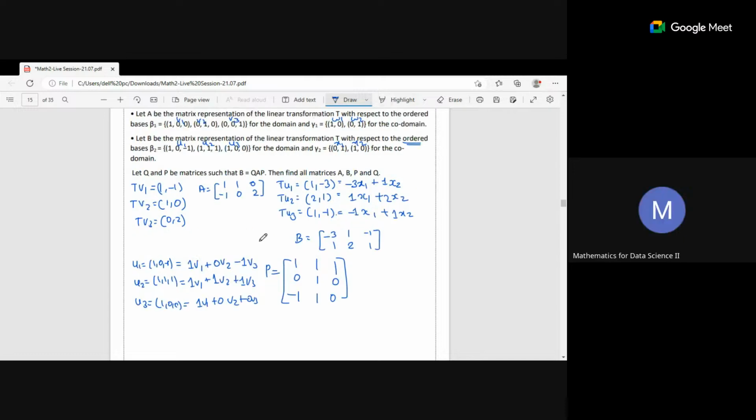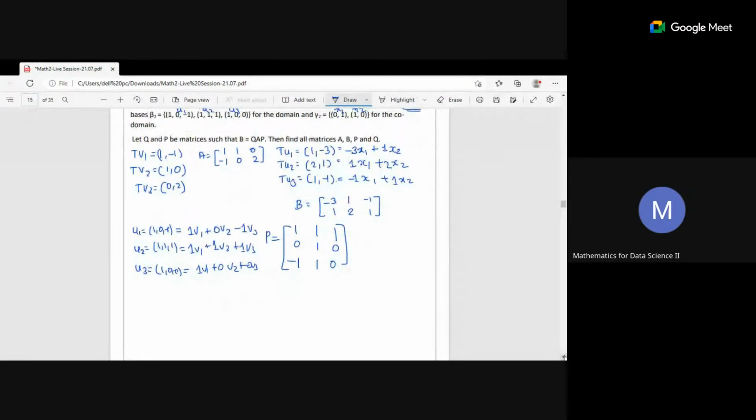Now we have to do it for W1 and W2 in terms of X1 and X2. W1 is 1, 0 in terms of X1, X2. So it is 1 times X1 plus 0 times X2. Is that correct?